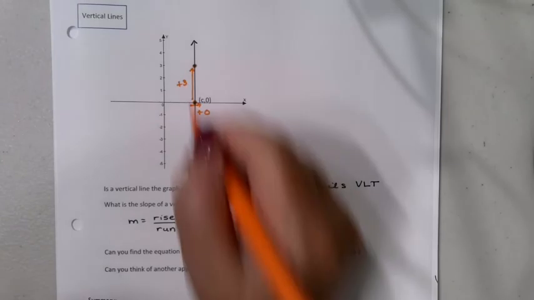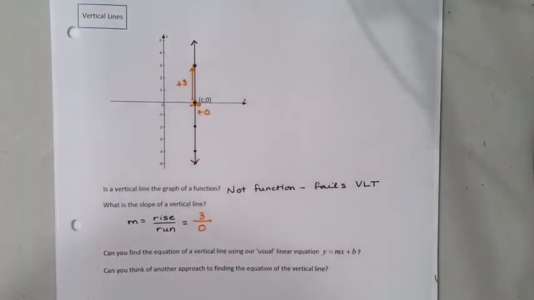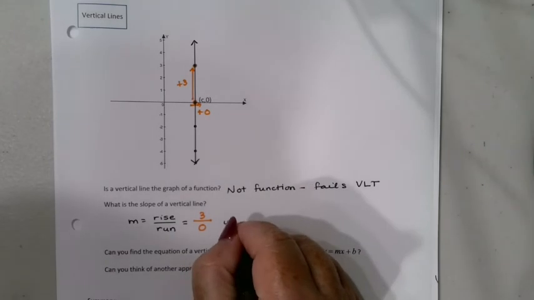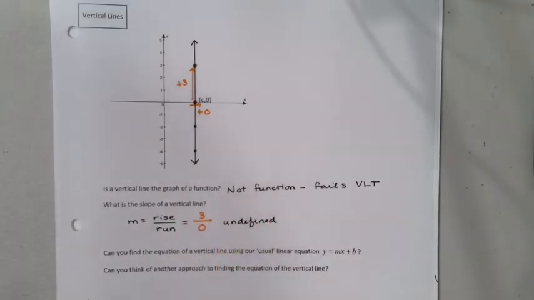So rise of 3, run of 0. You can't divide by 0 though, right? Division by 0 is undefined. So the slope of a vertical line is undefined.